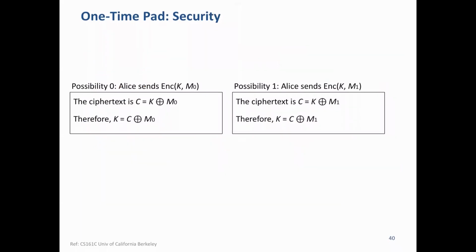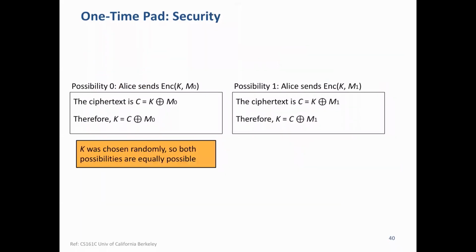So now, if K is chosen randomly, both possibilities are equally likely, whether Alice has sent M0 or M1. The key has to be random in order to have this probability be exactly half.